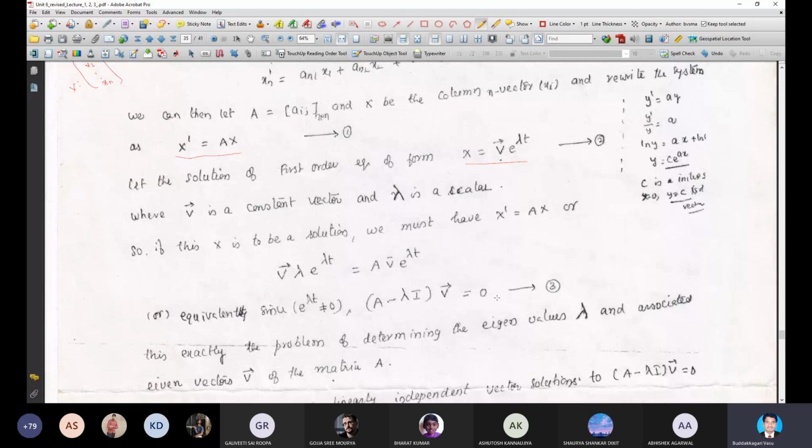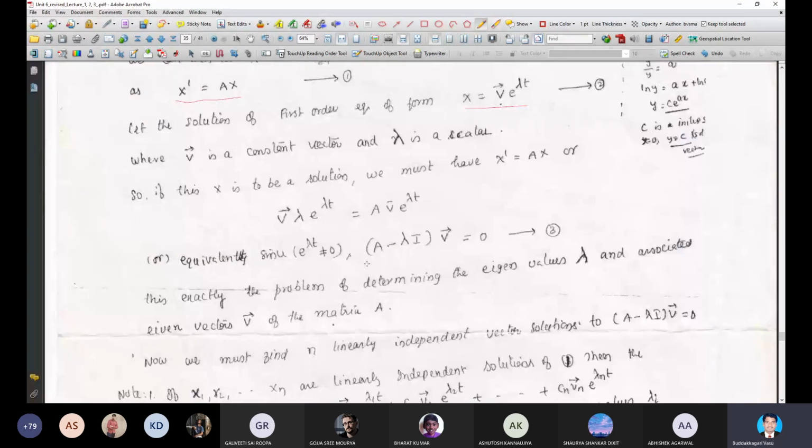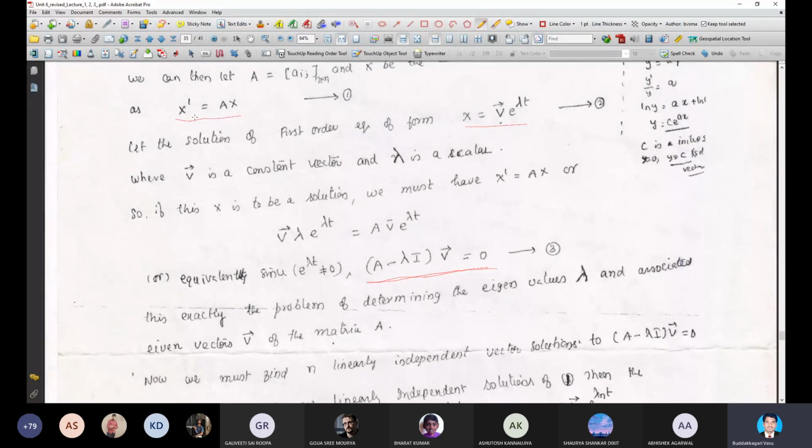Now we conclude what is the representation of lambda and v bar. Here we have seen that this system has a solution of the form x is equal to v bar into e power lambda t. That is no doubt at all, it is very clear. But now we will signify what is v bar and what is lambda. So for that we have taken this as the solution and drawn the statement that a minus lambda I into v bar is equal to 0.